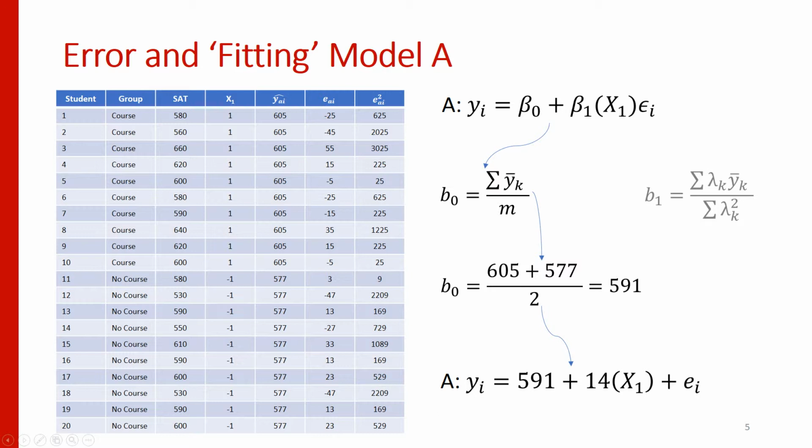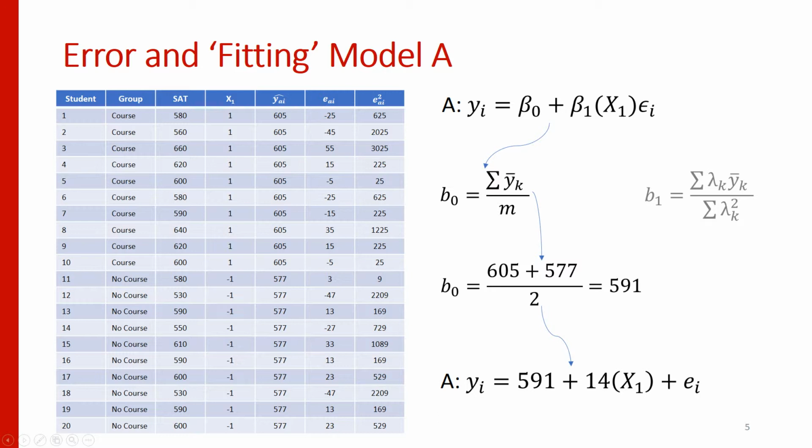So these two coefficients, right, our slope and our intercept, are ultimately going to give us a model that makes one prediction for the course group and one prediction for the no course group. And specifically, it's going to predict the mean for everyone in the course group, and it's going to predict the other mean for everyone in the no course group.